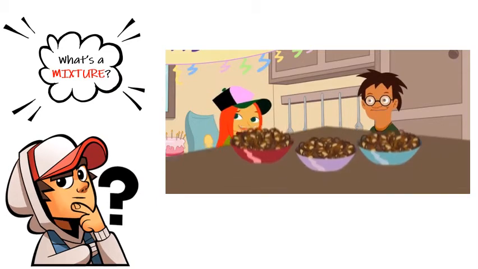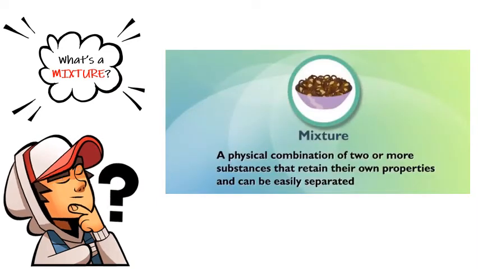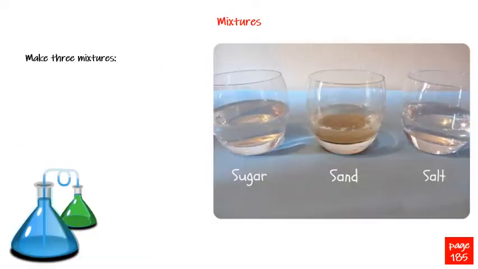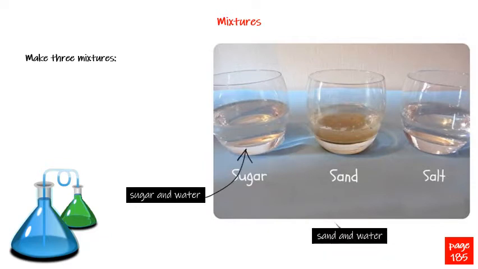I'm sure. Mixtures are physical combinations of two or more substances that retain their properties when you mix them together. As the girl said, mixtures are a combination of different substances. Let's try to make some mixtures ourselves. For example, we may mix things while in the kitchen, like you can mix sugar with water, or while working outside, like you can mix some sand with water.